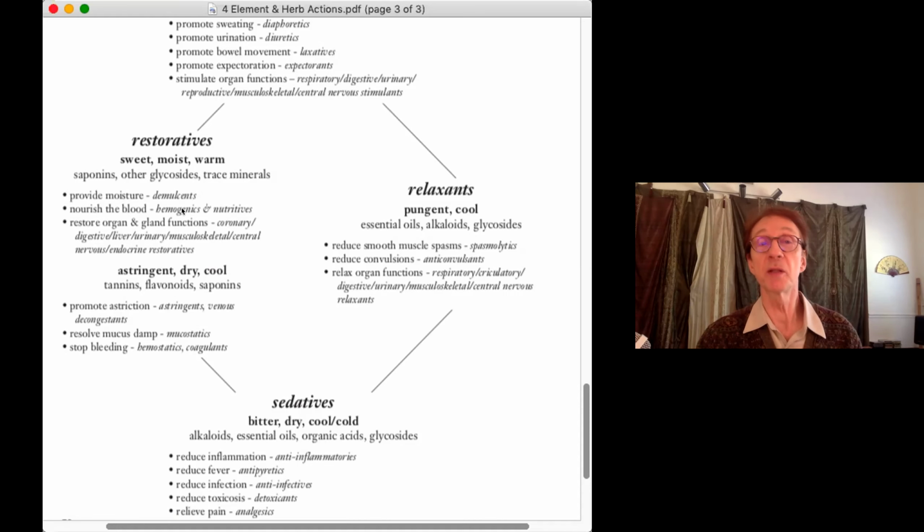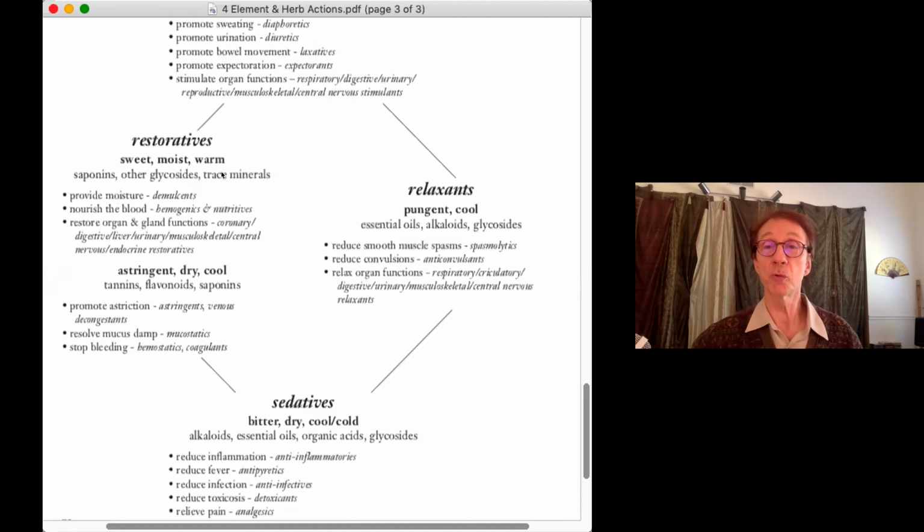I'm just emphasizing the importance of these sweet, moist, warm restoratives, not only for nourishing the microbiome, the intestinal microbiome, also called microflora, but also through the gut, because they create so many hormones and peptides, they feed the brain.